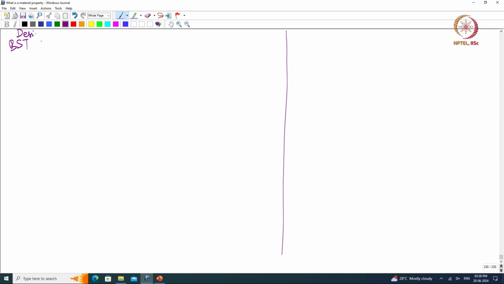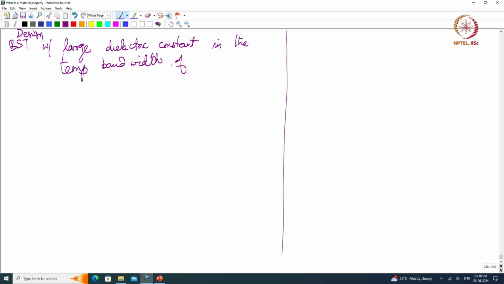Design BST with large dielectric constant in the temperature bandwidth of something like 5 degrees to something like 65 degrees Celsius. Okay. This is a good enough temperature bandwidth if I am using BST for some sort of energy storage applications, right. So, for energy storage I need a large dielectric constant.